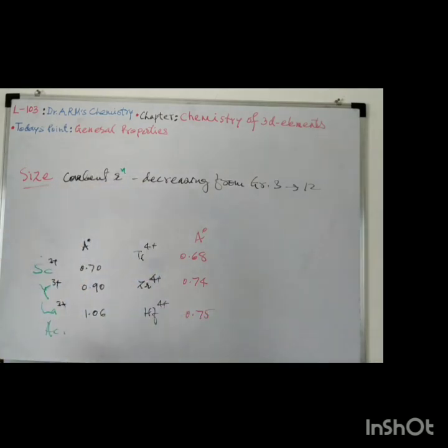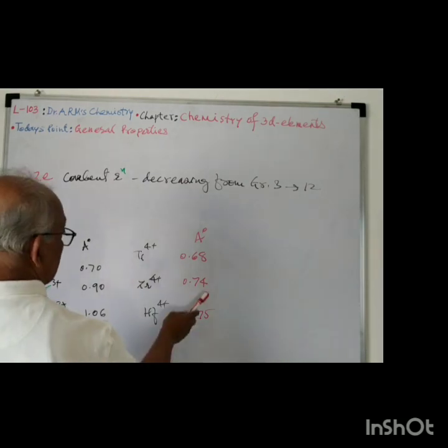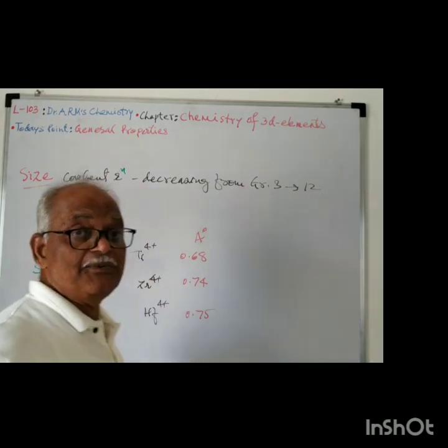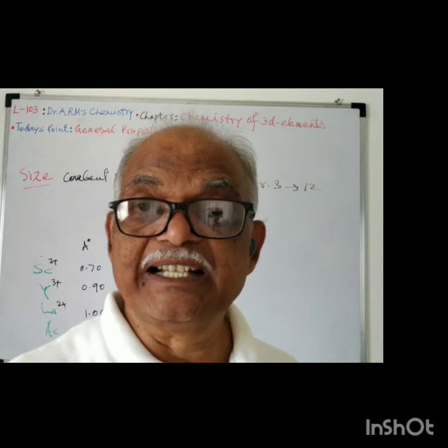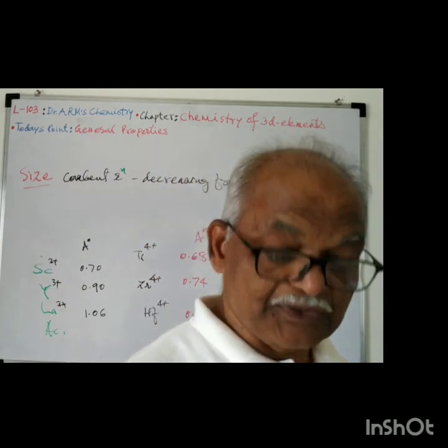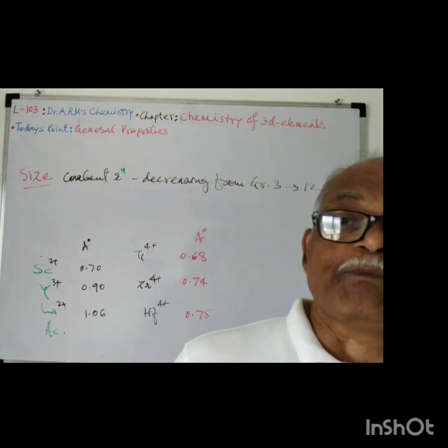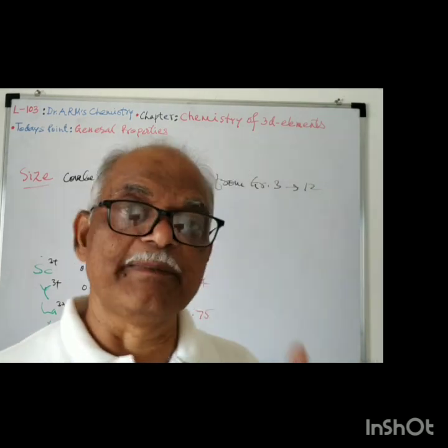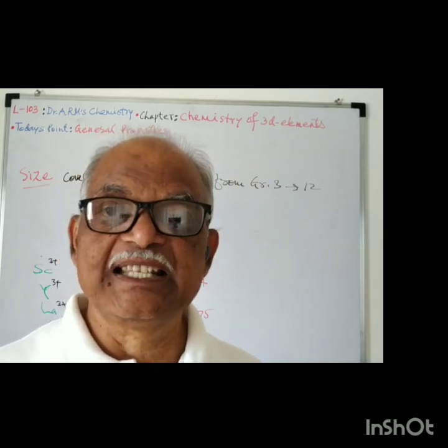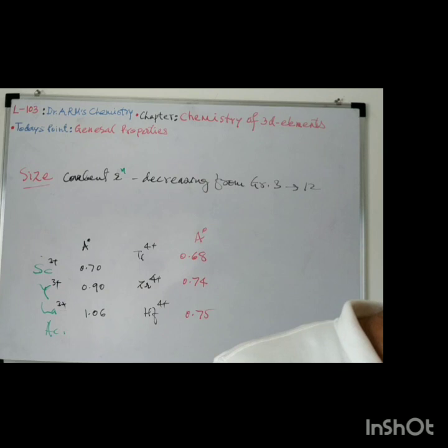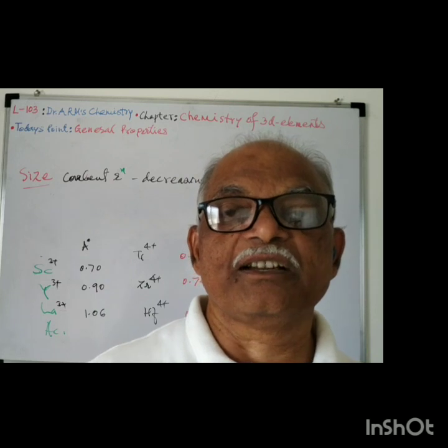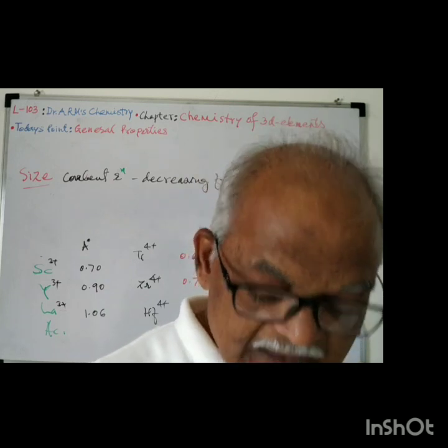So if we see the size of these three elements, as we have seen earlier, the size of the three elements is very close, and that is why they are appearing in the earth's crust or in minerals together. And some of these elements are called the twin elements because of their similar chemical properties and very small difference in their physical properties. So these things make the separation of such rare earth elements more difficult.